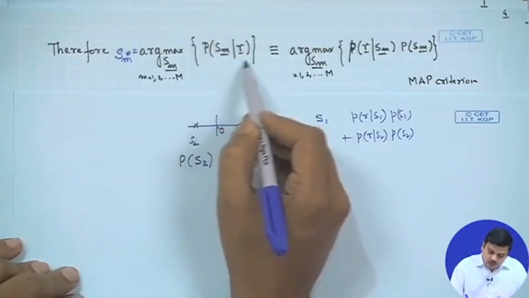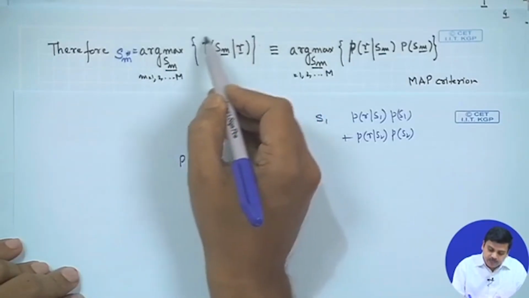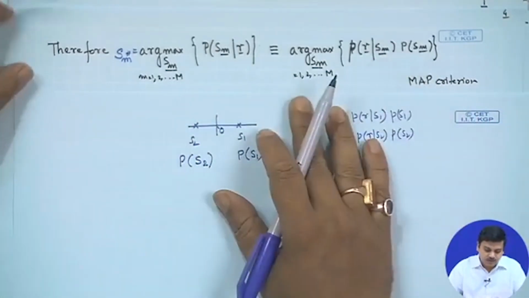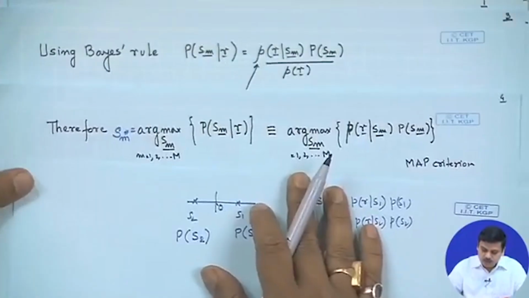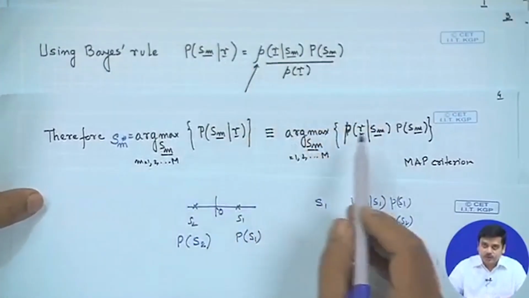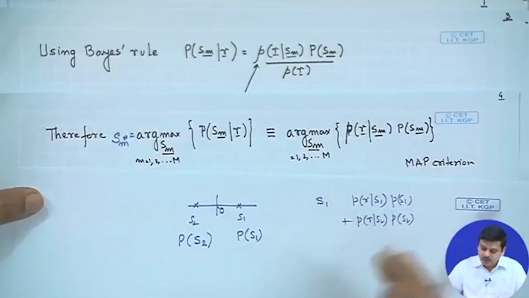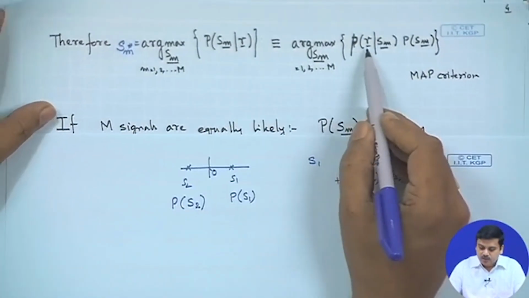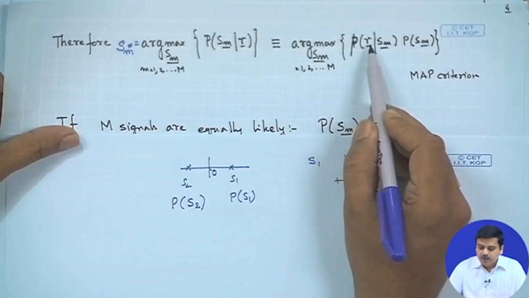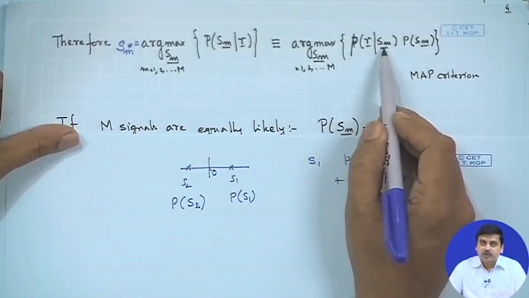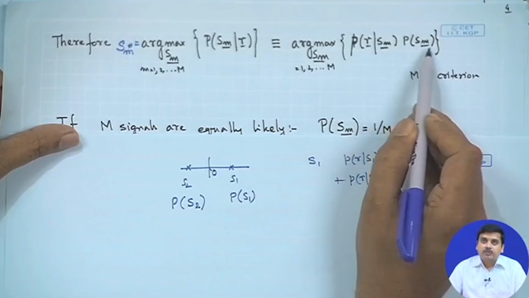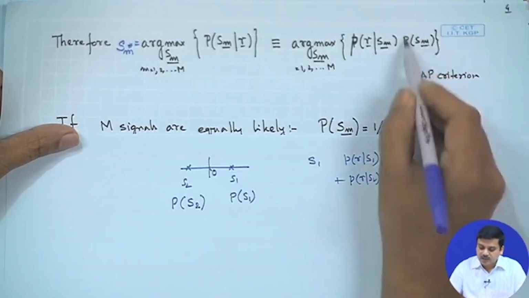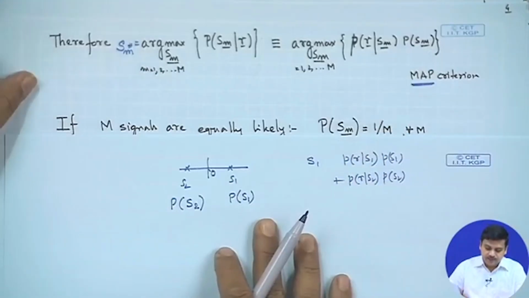Now, instead of maximizing the whole expansion, we just concentrate on the numerator part, what we discussed over here. So, we are now concentrating only on the numerator part and going by the MAP criteria. You have to maximize P of R given Sm, which is relatively easier to do, multiplied by P of Sm, because you have considered the prior probabilities of Sm.